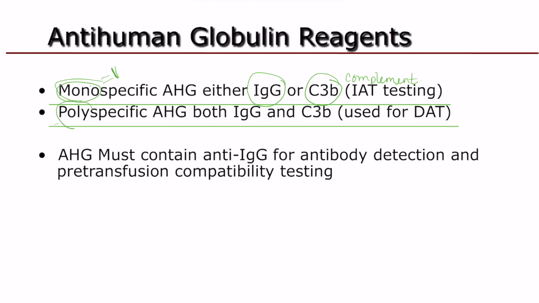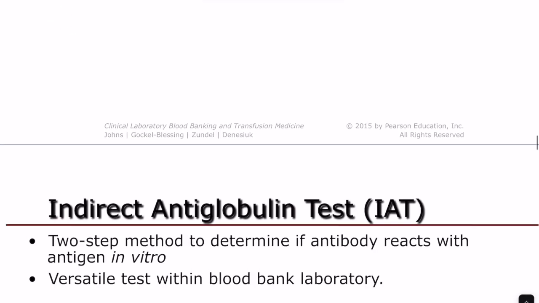And then polyspecific is many. So this polyspecific AHG has both. The AHG must at least contain anti-IgG for antibody detection, and for our pre-transfusion testing. What you're going to find in your reagent racks is polyspecific, which is what we're using.